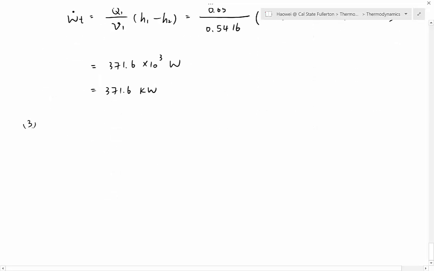There's only one, that is the entropy rate balance equation for a control volume: dS over dt equals the sum from j equals 1 to n of Q dot j over Tbj, plus the sum of m dot i si, minus the sum of m dot e se, plus sigma dot with subscript T, meaning turbine.